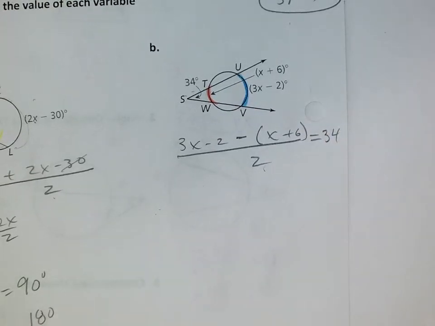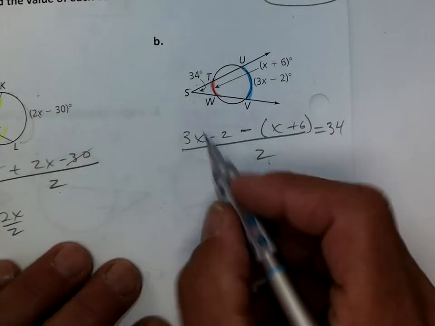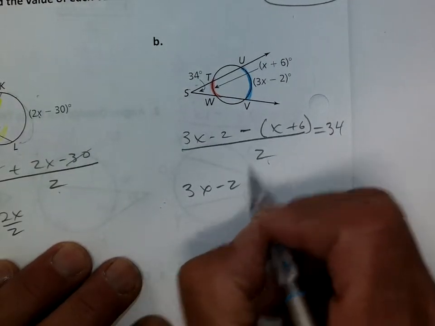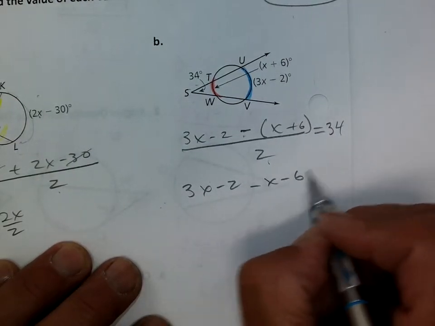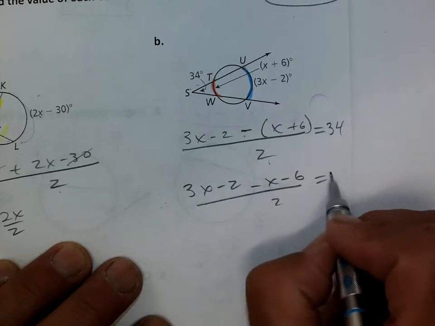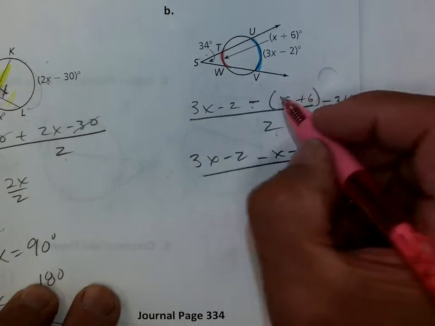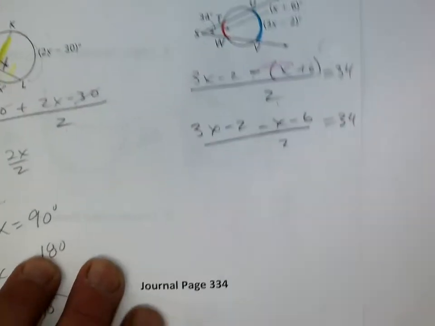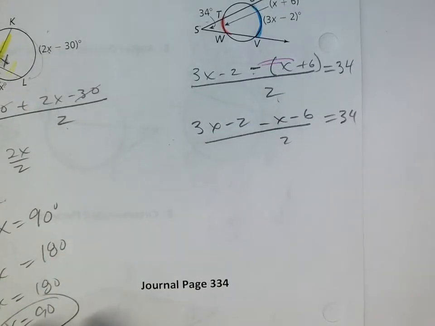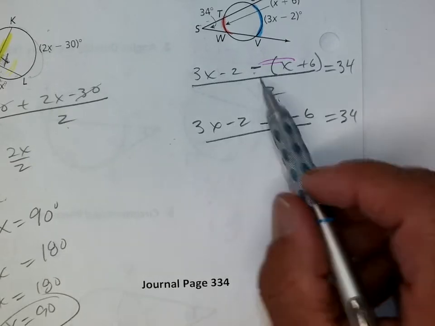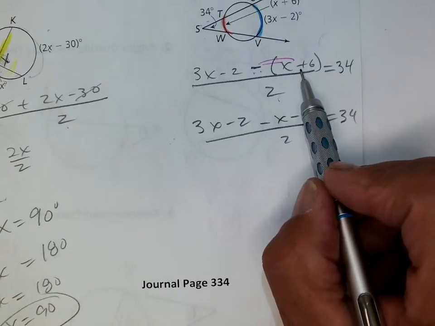So, all right, I'm going to get 3x minus 2 minus x minus 6, divided by 2, equals 34. So all I did is I brought the negative through, okay? Nope, it's minus 6, because I brought the negative through. See what I did?